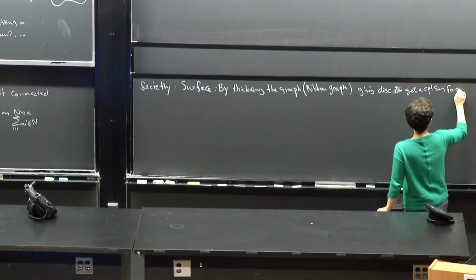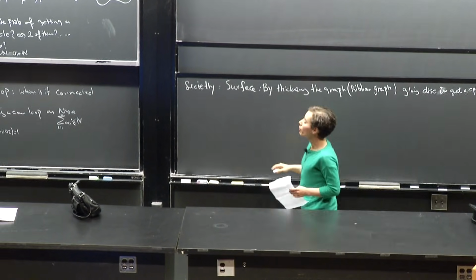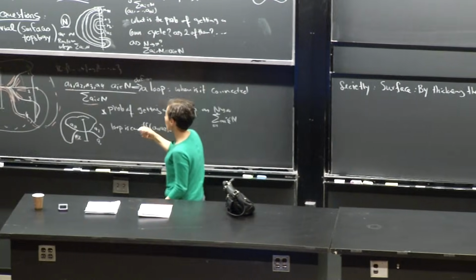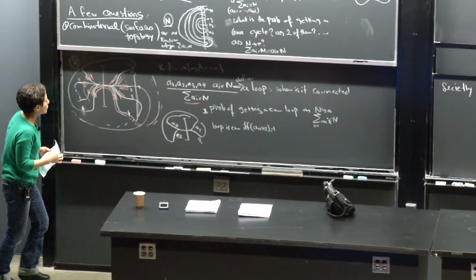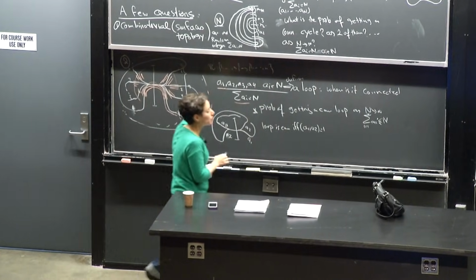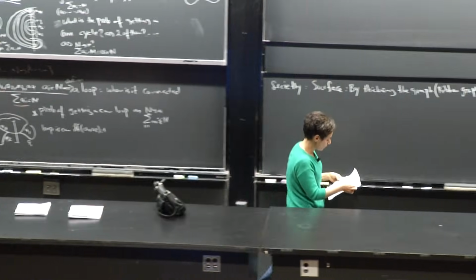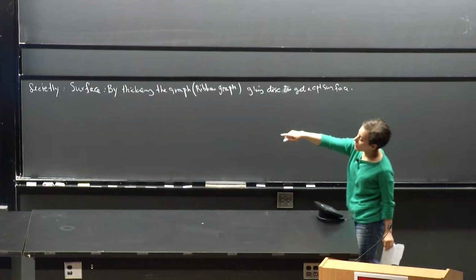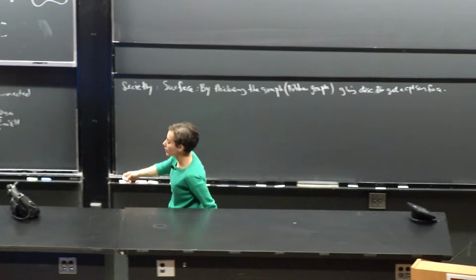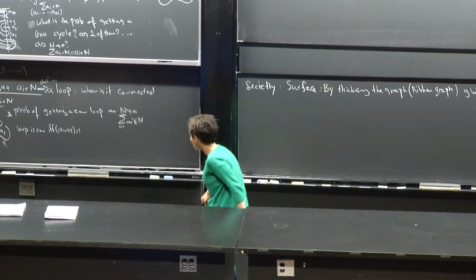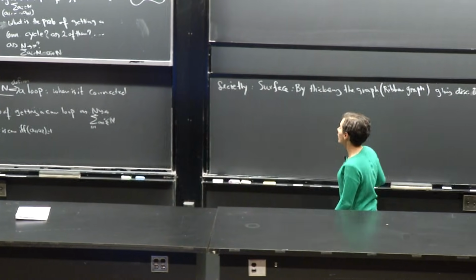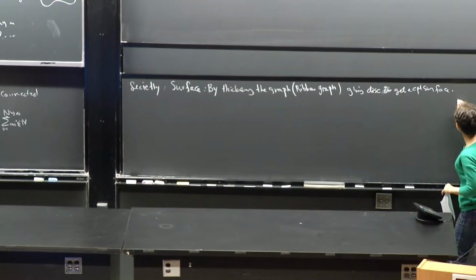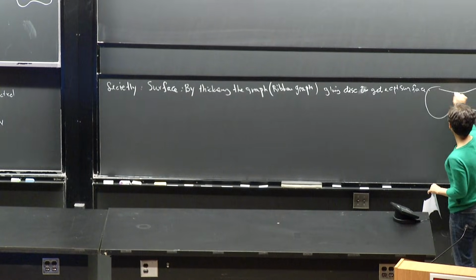So for example, if I do this 1, 2, 3, 4, 1, 2, 3, 4, and this kind of thing, it's related to the interval exchange maps. It's something that people study a lot and they have nice properties. But if you thicken the graph, this 1, 2, 3, 4 that I have there, and basically glue back a disk to make it a compact surface, you get a surface of genus 2.